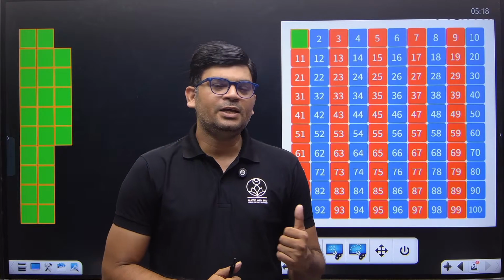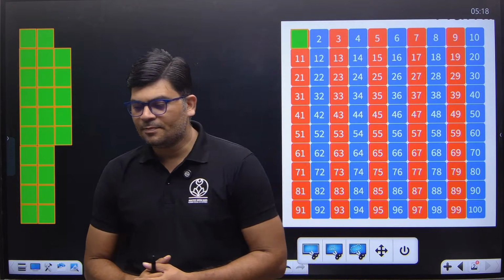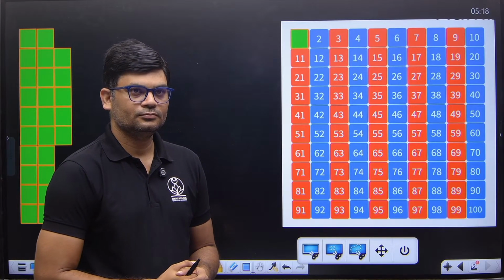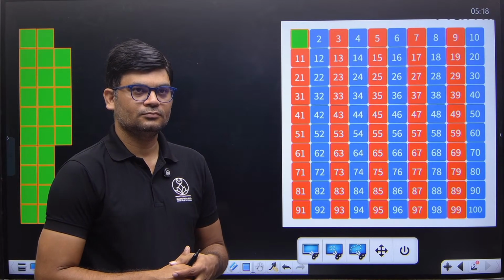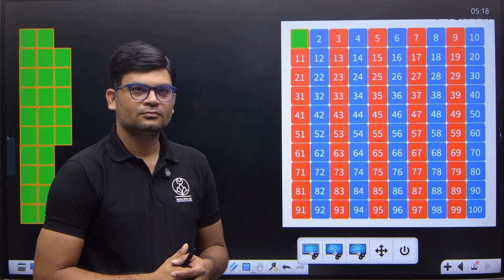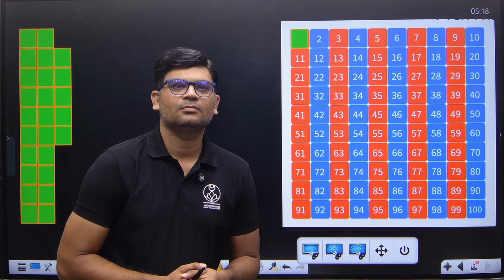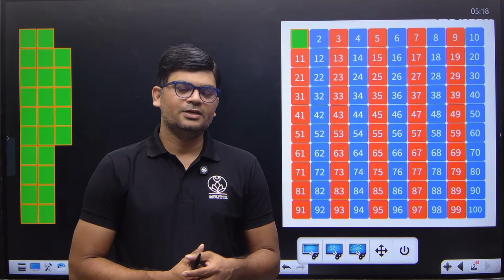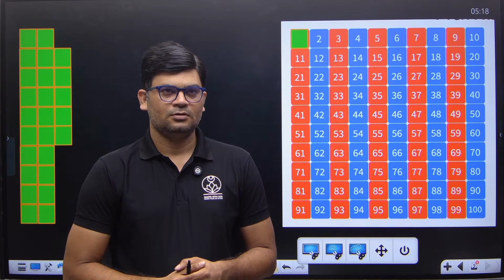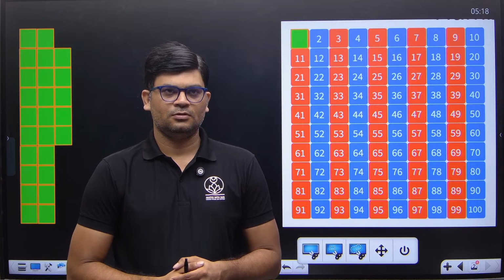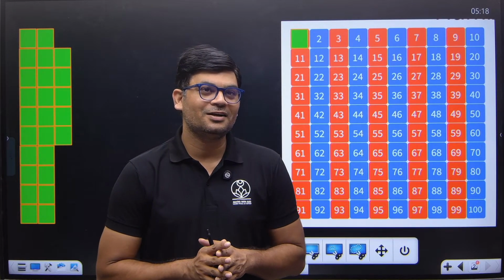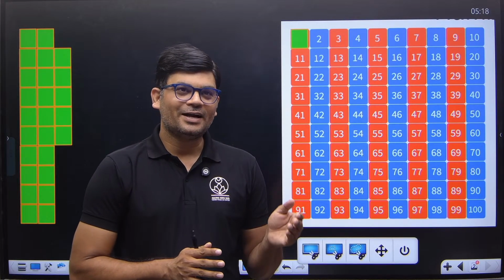What about 3? Can you tell me, is 3 a prime number? Actually, 3 can be divided by itself and 1. Is there any other number which can divide 3? A number which is a factor and a multiple.